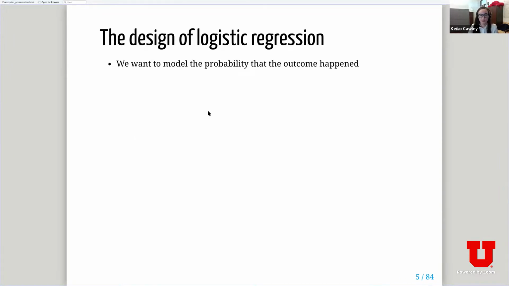The design of the logistic regression is that we're trying to model this binary outcome, the outcome is discrete. But more than that, we're trying to model the probability that one of these outcomes happens. If we use the example of did the student graduate, we're trying to model the probability of the student graduating versus the probability that a student isn't going to graduate. And probabilities are continuous, bounded between 0 and 1.